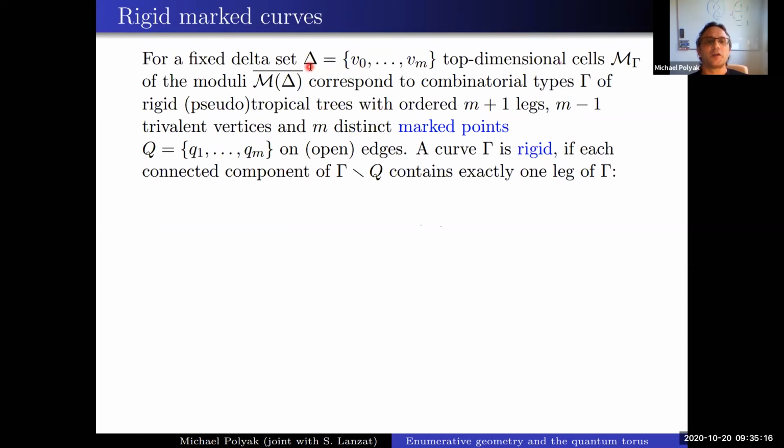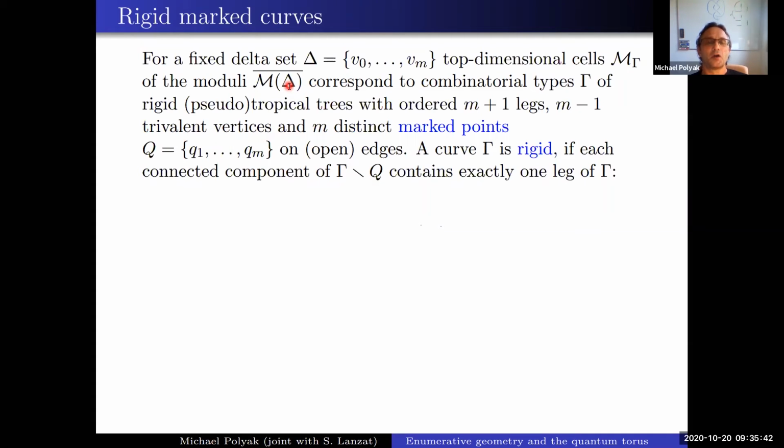So first of all, we fix these vectors. It gives you this Newton polygon, if you wish, which is dual to that. And we'll look at the moduli space of all such pseudotropical curves corresponding to this set of directional vectors on the legs.